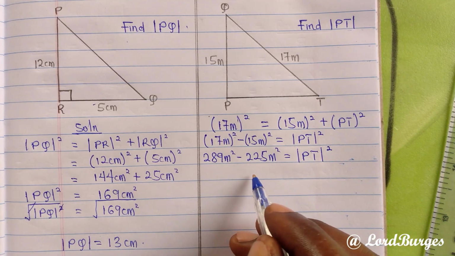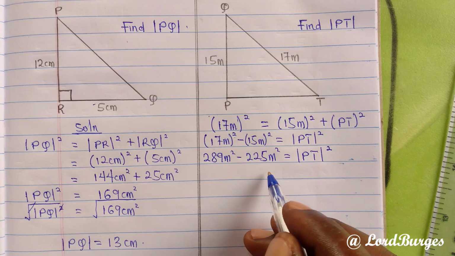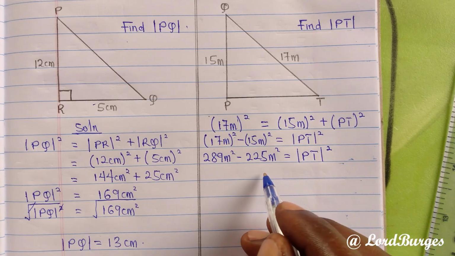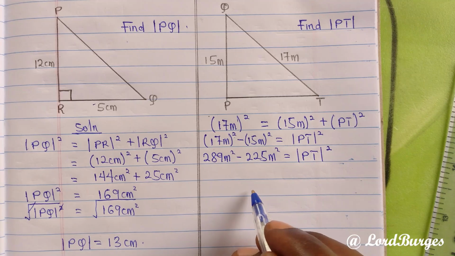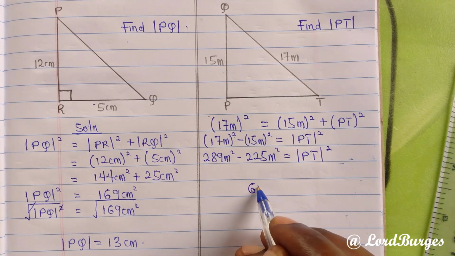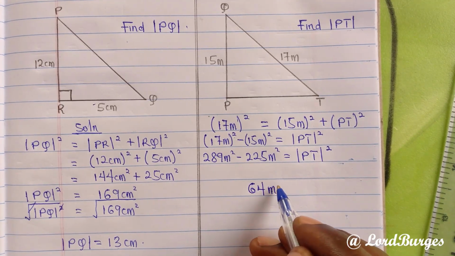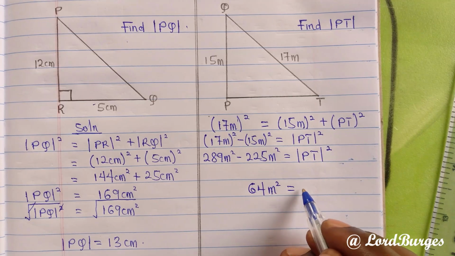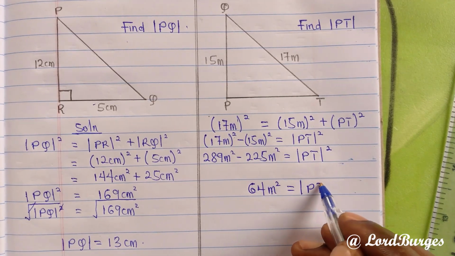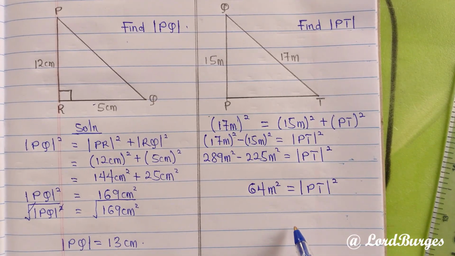So 289 meters squared minus 225 meters squared should result in 64 meters squared being equal to the length of PT squared.